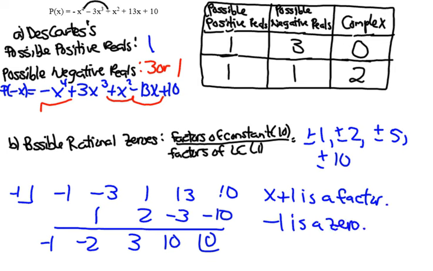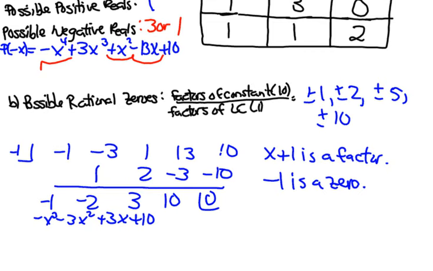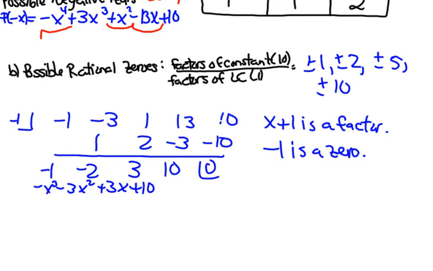Now, I'm going to rewrite this as -x cubed minus 3x squared plus 3x plus 10. Notice you do have 4 terms, but I'm not going to be able to use factor by grouping for this. So I'm going to have to do some more synthetic division and find maybe another factor. Let's try 2.